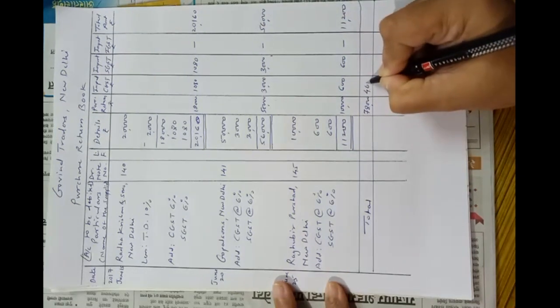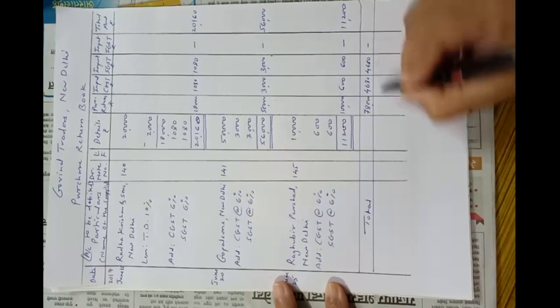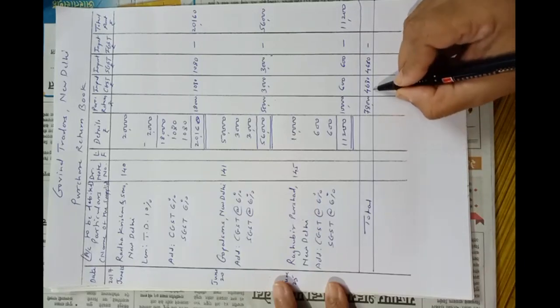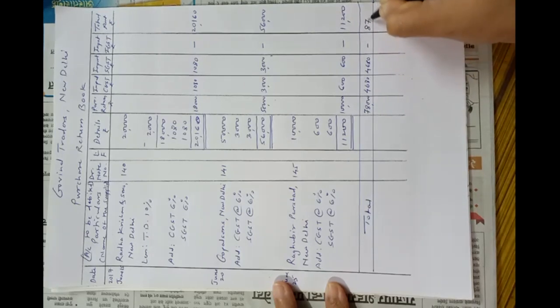Then 4,680, no IGST, and total of this is 87,360.